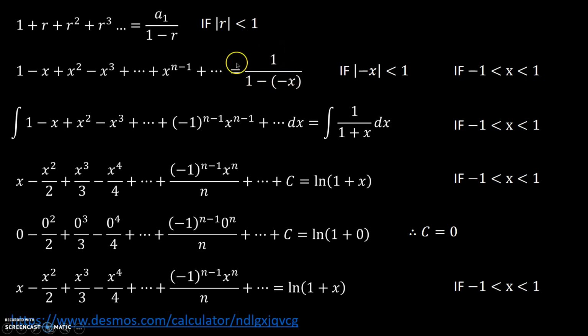Now, what's nice about that is we've converted a power series into a function. And that function is 1 over 1 plus x. I'm going to take the antiderivative of it, because I know the antiderivative of 1 over 1 plus x is natural log of 1 plus x.